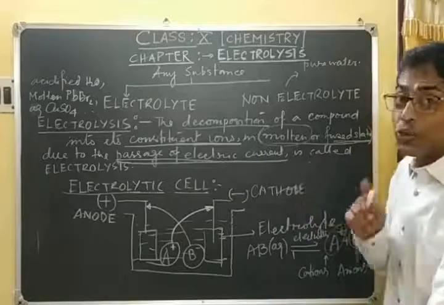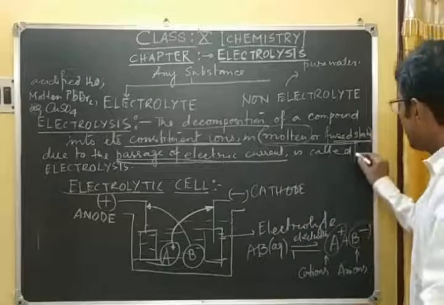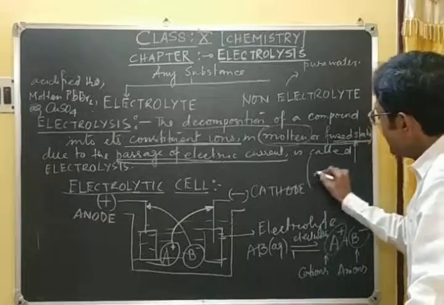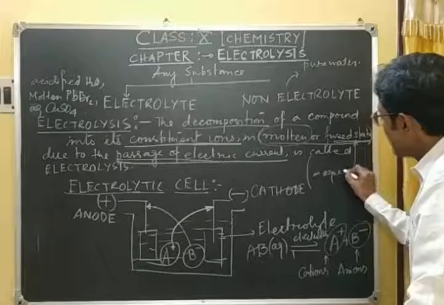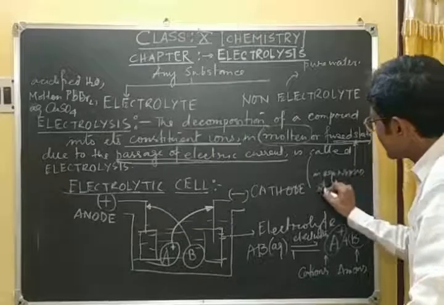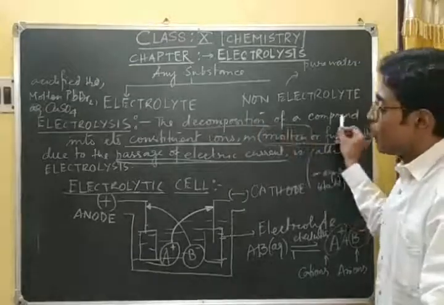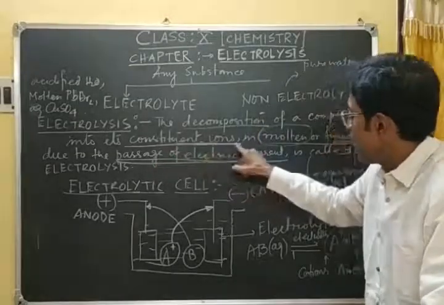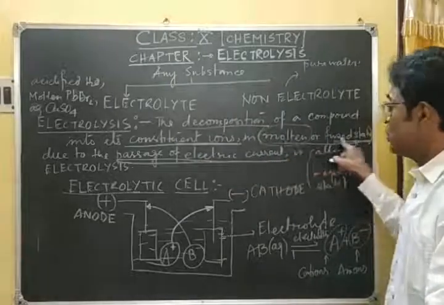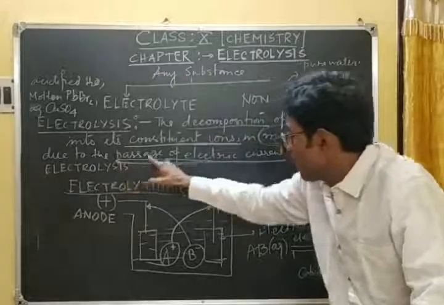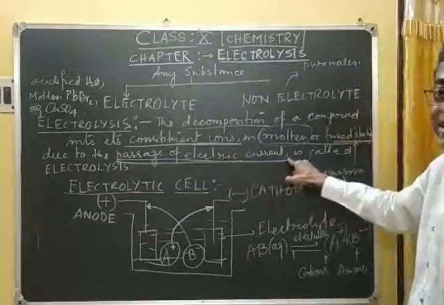Or in aqueous state. Remember, here we can write one more word, aqueous state. See here, the decomposition of a compound into its constituent ions in the molten or fused state due to passage of electric current through it.